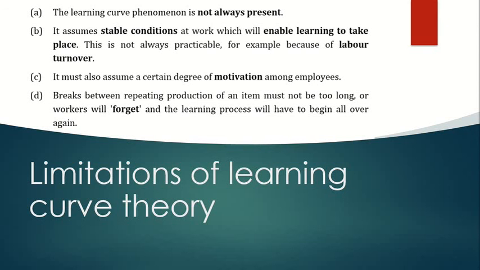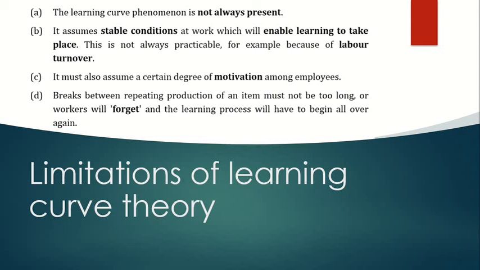Finally, the limitations of learning curve theory. So what are the limitations? We learned about this theory, how we can apply it in management accounting, and what practical benefits we can get. Now we are going to talk about the limitations. The first limitation is that the learning curve phenomenon is not always present.